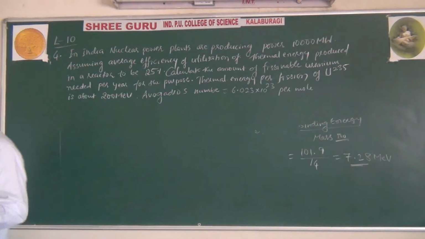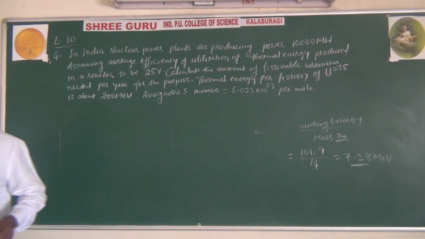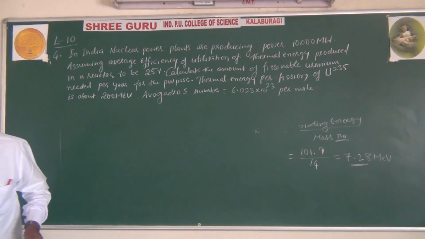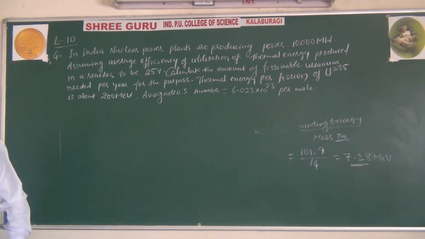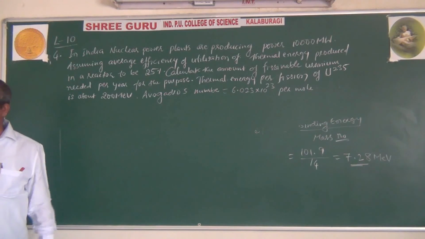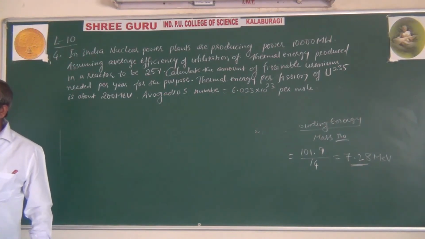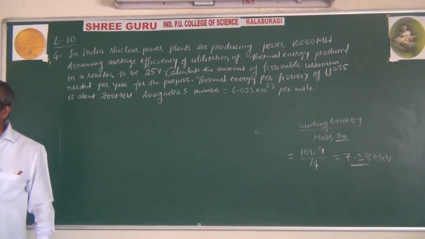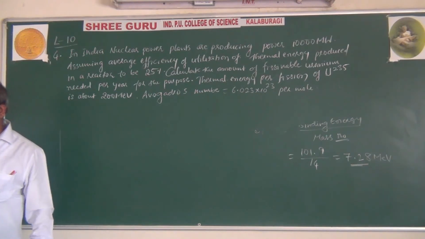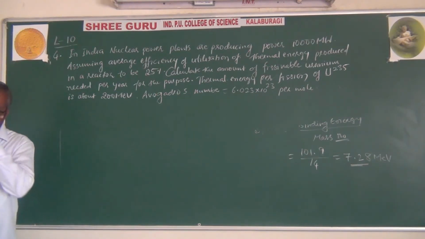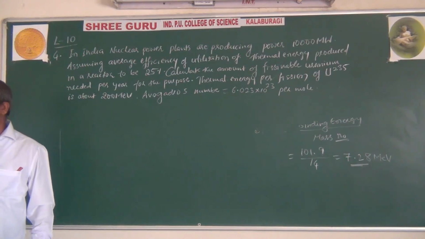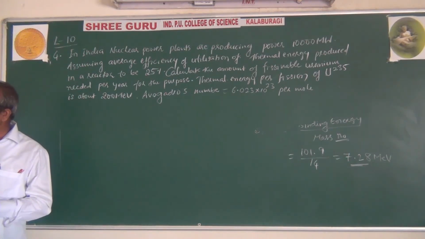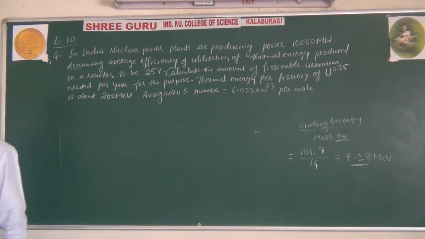So here is a reactor, as I told while explaining the nuclear reactor. Here we have nuclear reactors, in which we get a controlled chain reaction of nuclear fission. In India there are a number of thermal power plants producing electrical power.